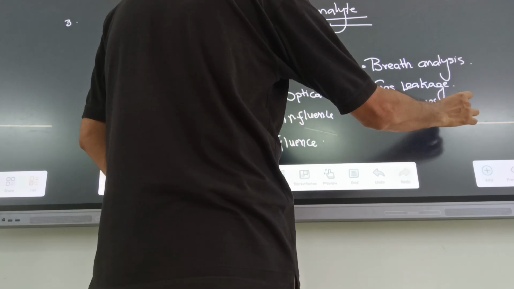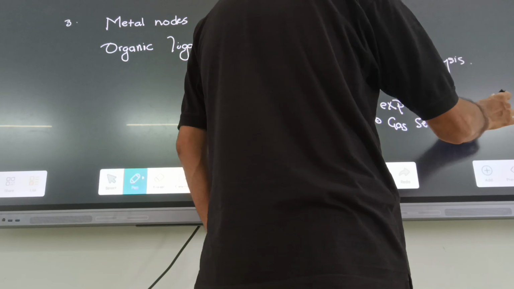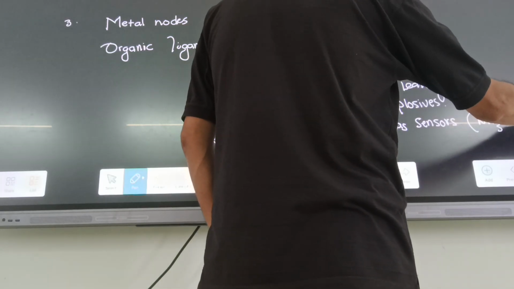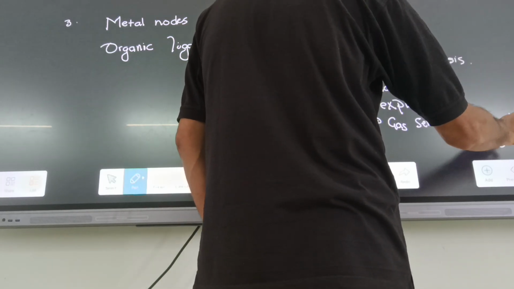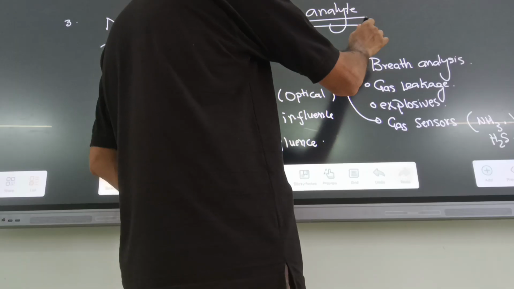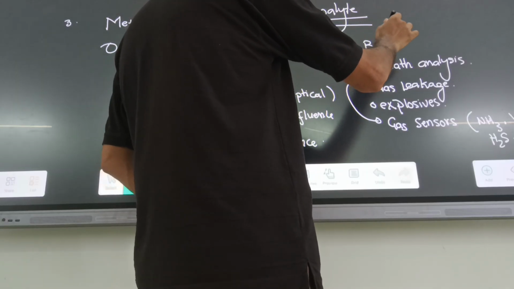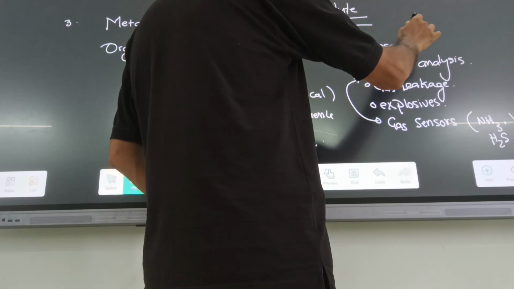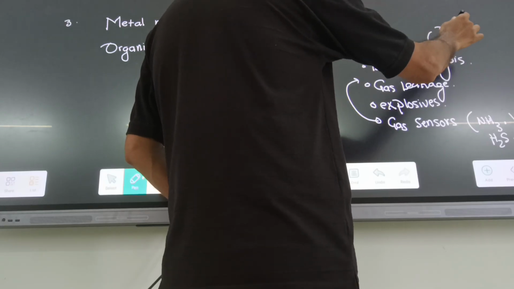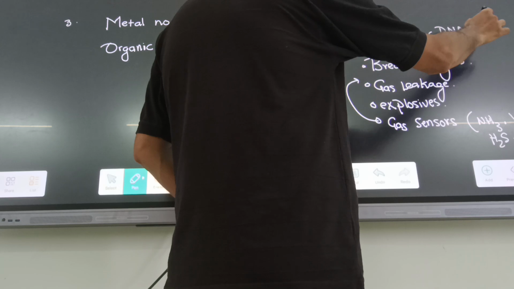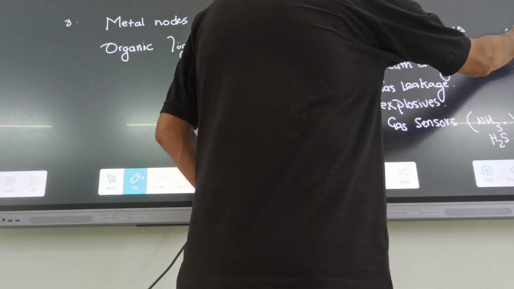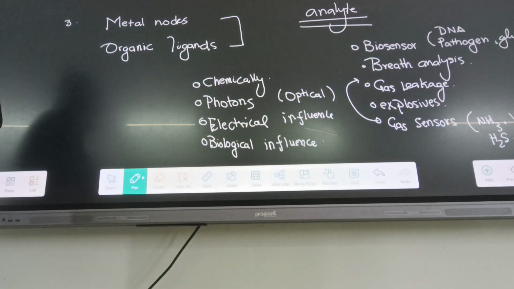Environmental sensors, जैसे अमोनिया, VOC, volatile organic compounds, H2S, and biosensors, DNA, pathogen, glucose. There are different types of sensing used.